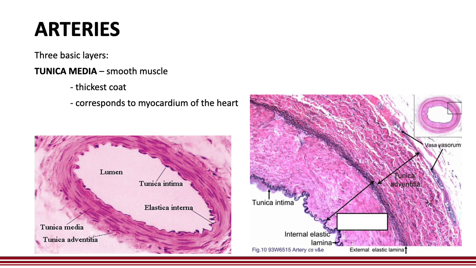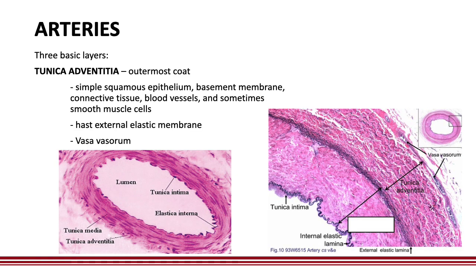Now, external to the intima is a thick layer of smooth muscle, which is known as the tunica media. It is said to be the thickest portion of the artery and corresponds to the myocardium of the heart. External to the tunica media is the tunica adventitia, and this represents the outermost layer.